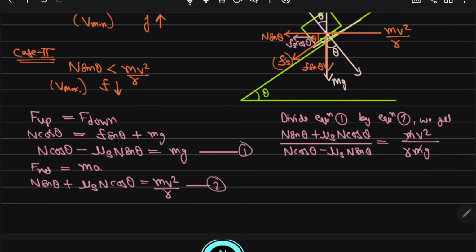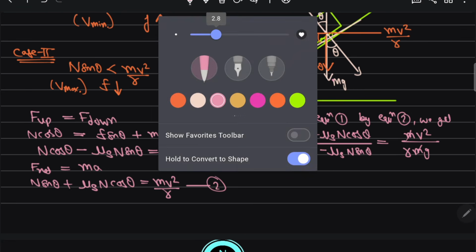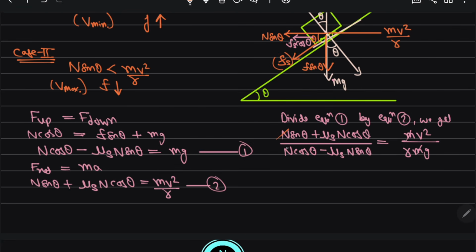So I take normal common and cancel it everywhere. Here on the left is sin theta plus mu s cos theta divided by cos theta minus mu s sin theta. One more thing I can do: I divide this by cos theta.